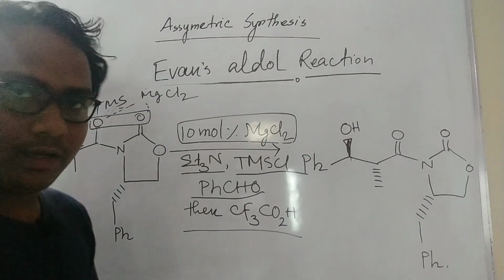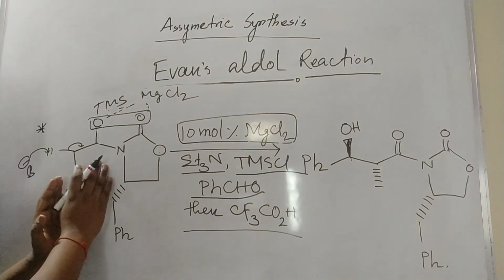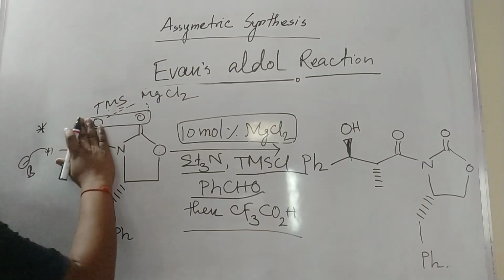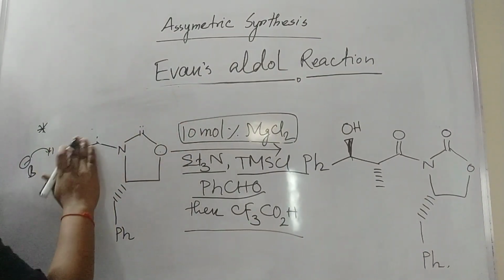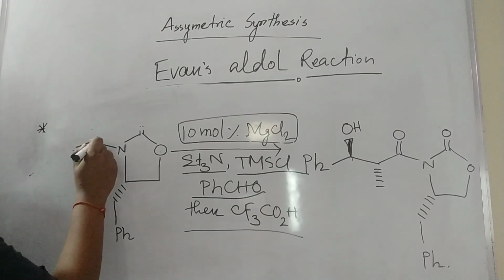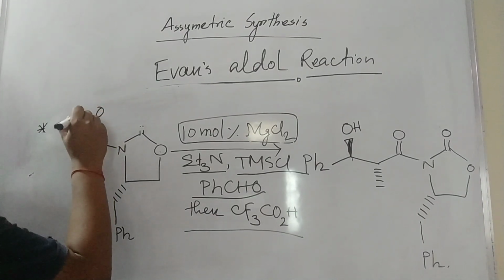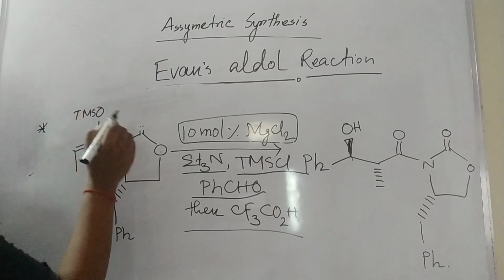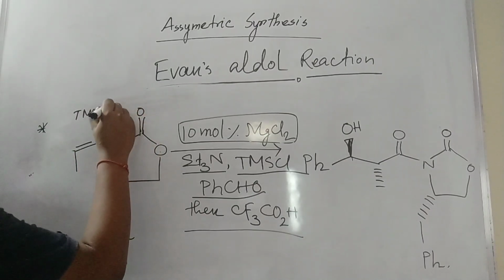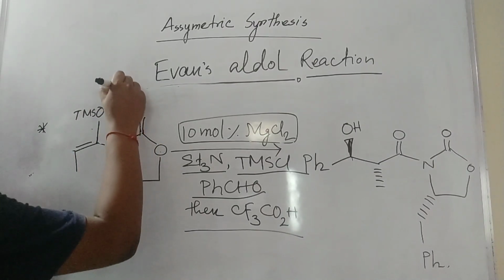Understood? And one enolate is generated in this step. If I write the enolate here, with OTMS, this is the keto and this is the chelation of magnesium.